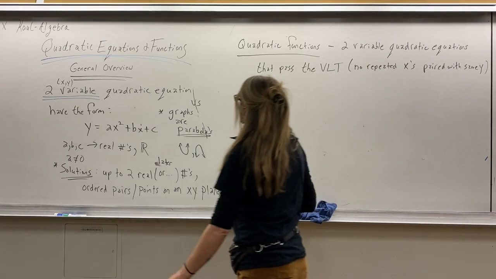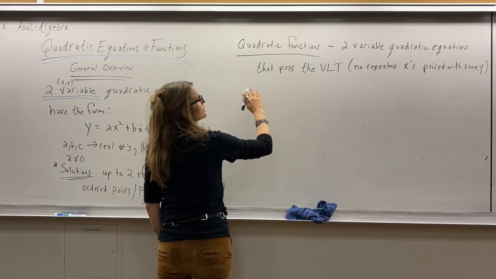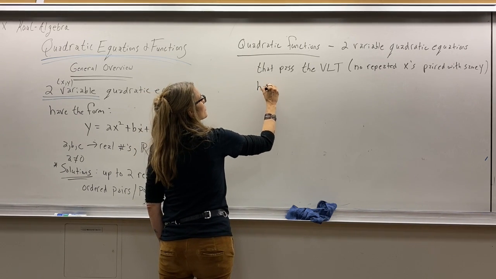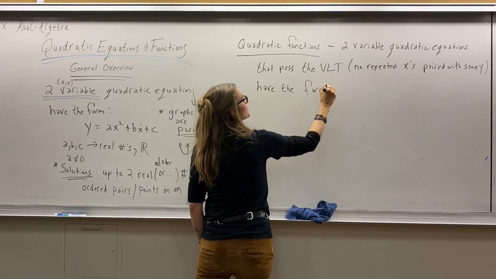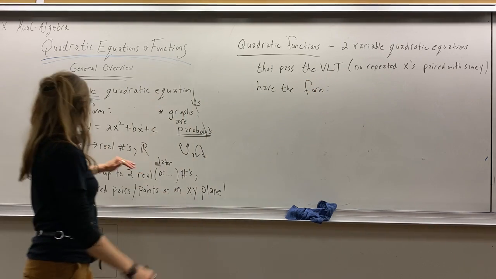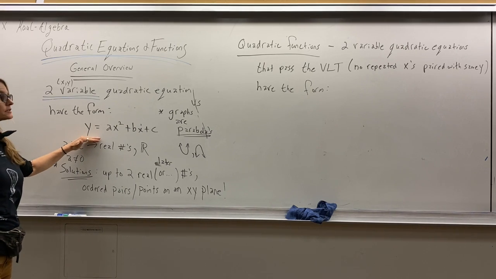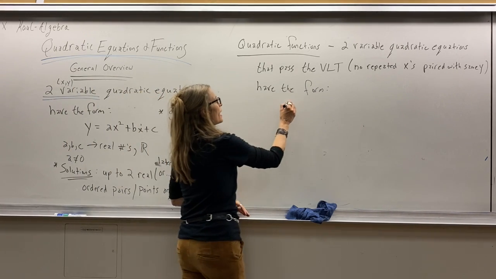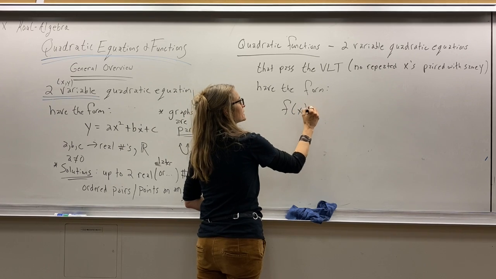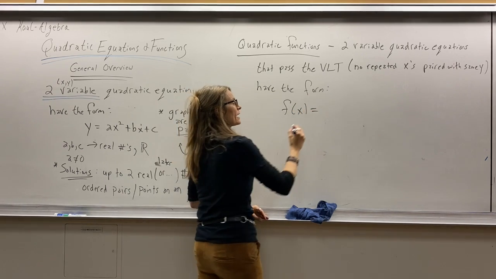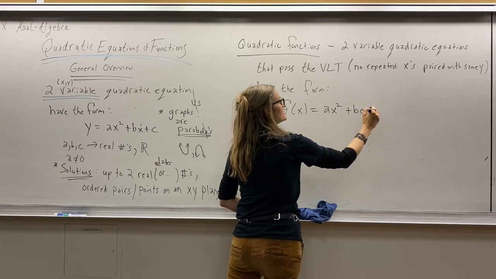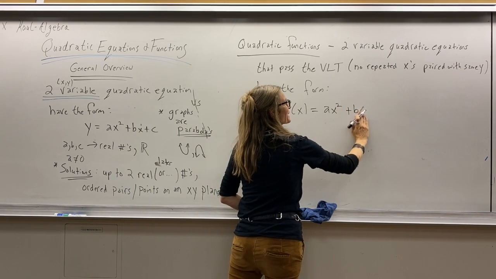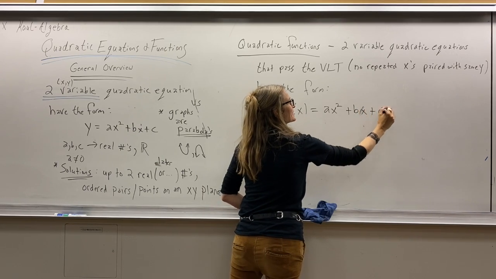So a typical quadratic function will have the form, instead of using the y, what we do is we use the f of x notation. We say f as a function of x, as a quadratic, will have the format ax squared plus bx plus c.